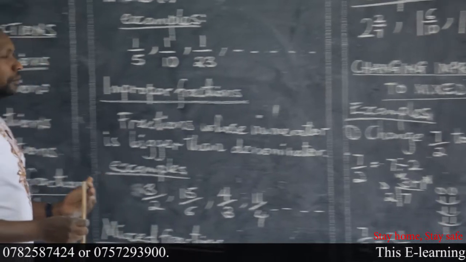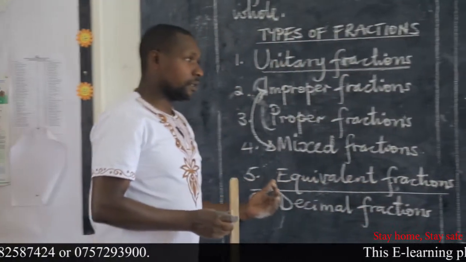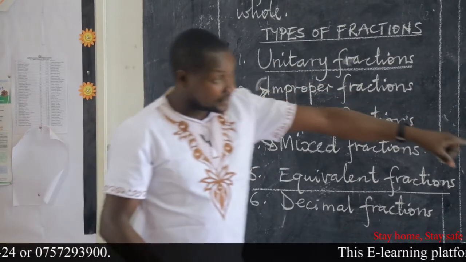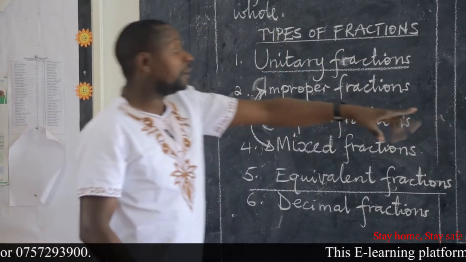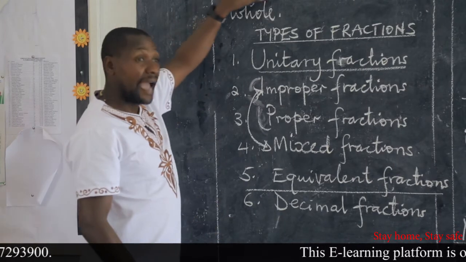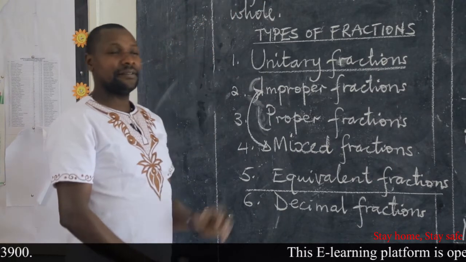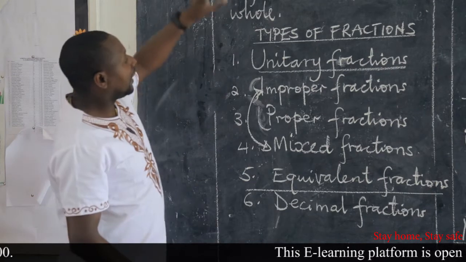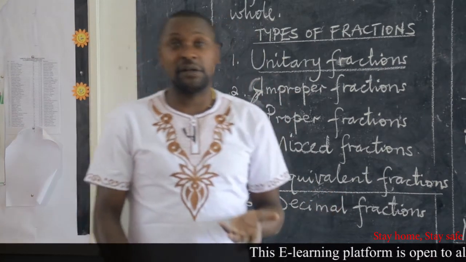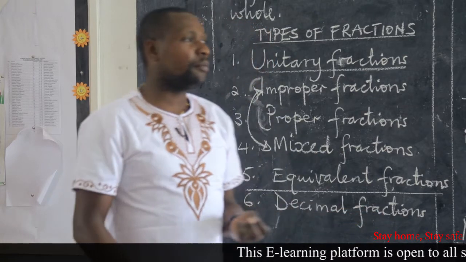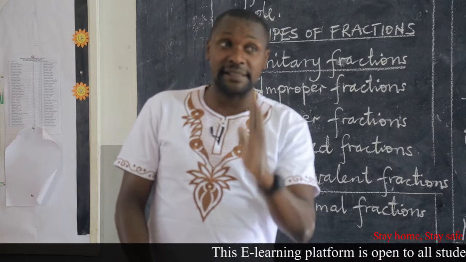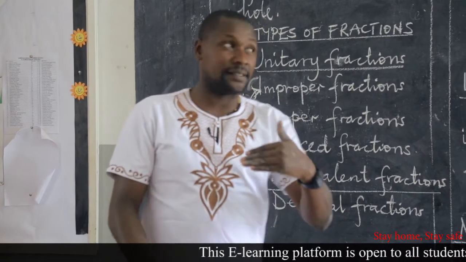Hope it has been so good from the start. As I reach the last point, I know now you can define the word fraction. You can now identify a part of a whole, maybe from a mango, from an orange, from a tomato, from a sugar cane, whatever you can at least divide into some parts.